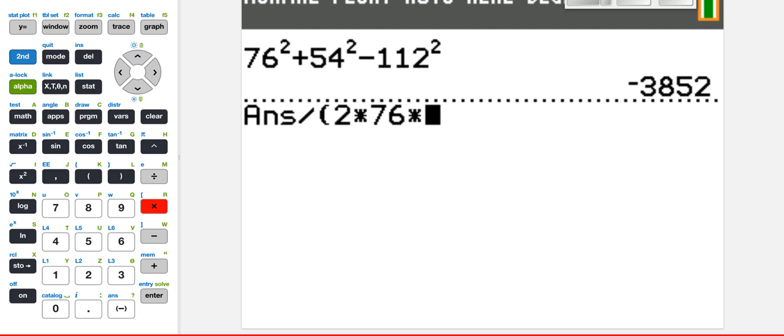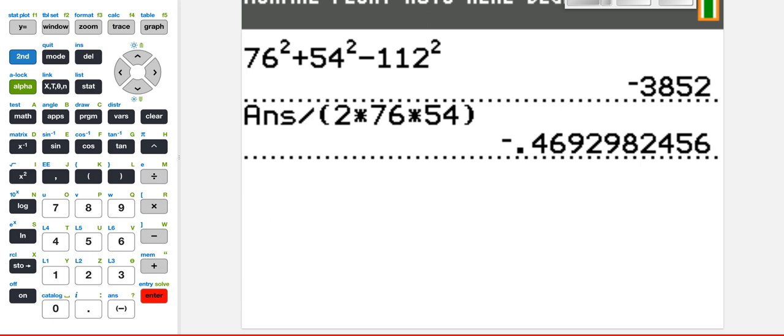For those of you who did divide, you screw up. Because if you did not put the brackets here, your calculator would not know that these are all on the bottom as the denominator. So make sure you put the brackets around everything on the bottom. So enter. That gives you what I got.